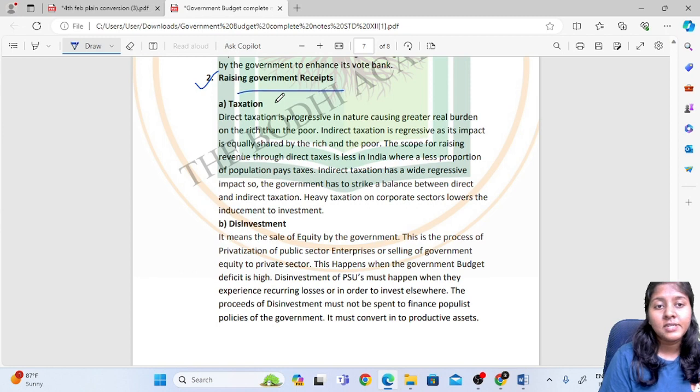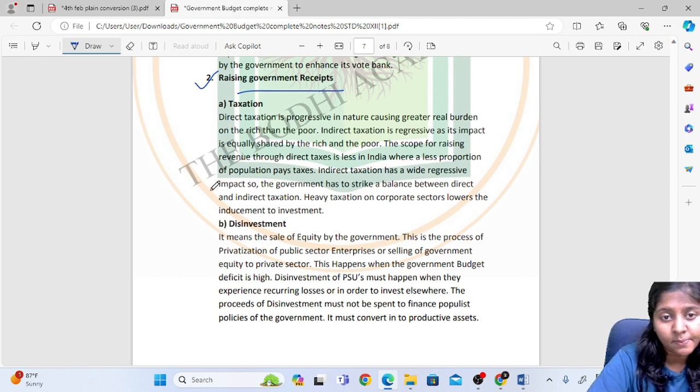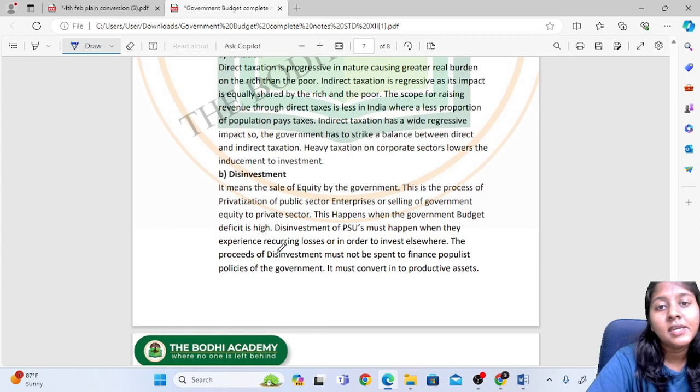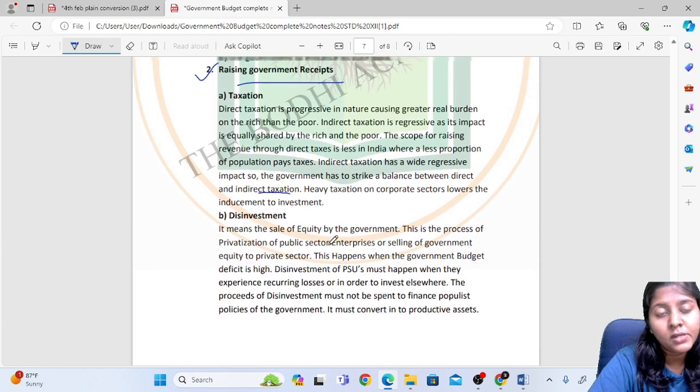The scope for raising revenue through direct taxes is very less in India, so indirect taxation has a very wide regressive impact. So a government has to see the balance between direct and indirect taxes, and heavy taxation on the corporate sector lowers the inducement to investment.